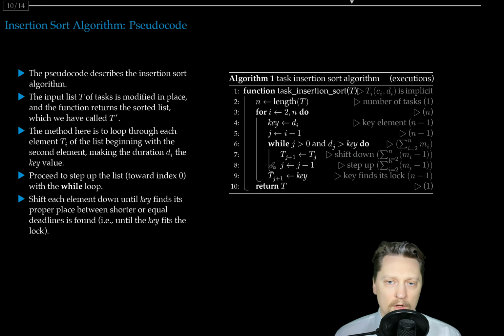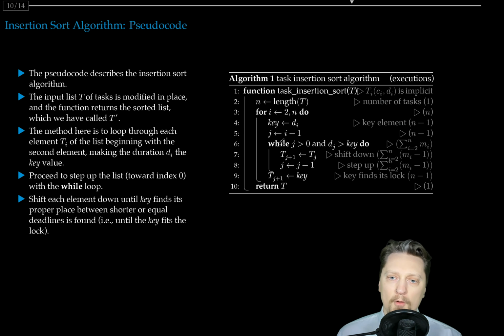So this for loop goes through each element starting at the second element. It selects out the ith element duration, so the duration of the ith element starting with 2, and it subtracts 1 from that to initialize j. If i was 2, j would be 1.